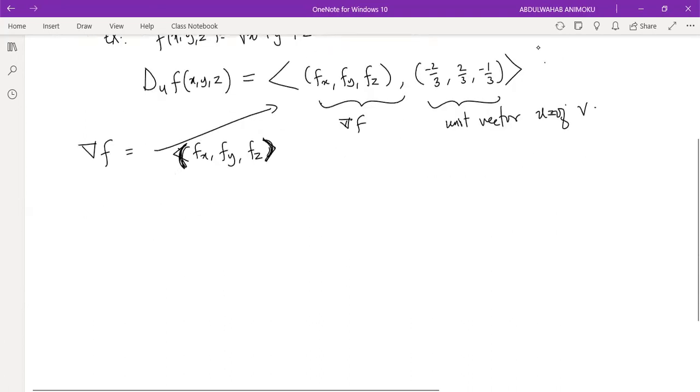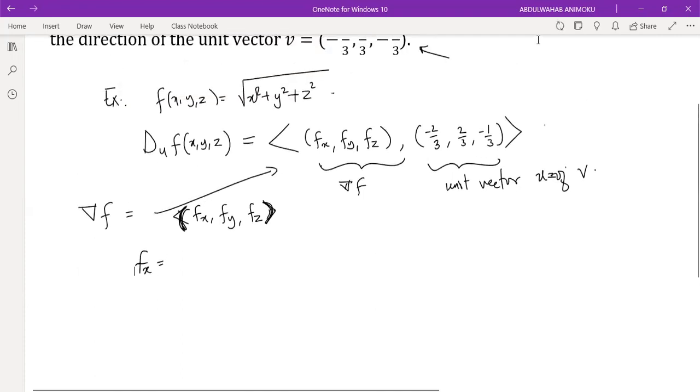Now, in order to find fx, we need to find the partial derivative of this function f of x, y, z with respect to x. So let's do that. Everyone knows that when you have the square root of x squared plus y squared plus z squared, in order to find the partial derivative with respect to x, it has to be through the chain rule, right? Which means we have to find the derivative of the square root first, multiplied by the derivative of the function inside.